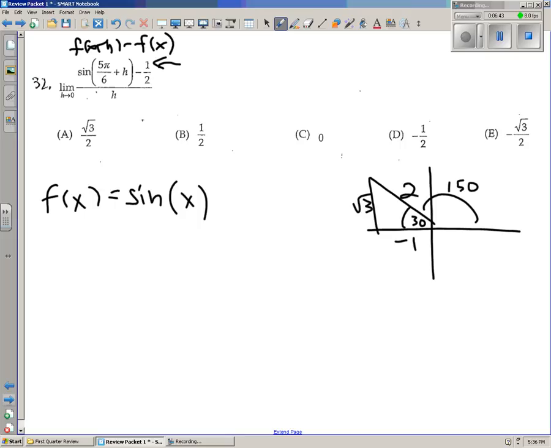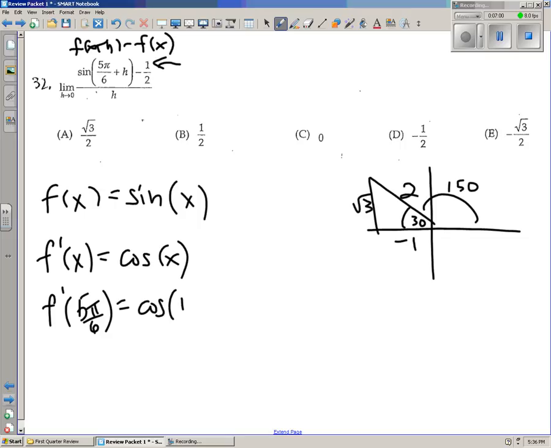So f prime of x here is negative cosine of x. What am I doing? Sorry, just regular cosine of x. And then we're plugging in 5 pi over 6, as I said before, that's 150 degrees. Cosine of 5 pi over 6 would be, I'm sorry, my 5s are terrible.